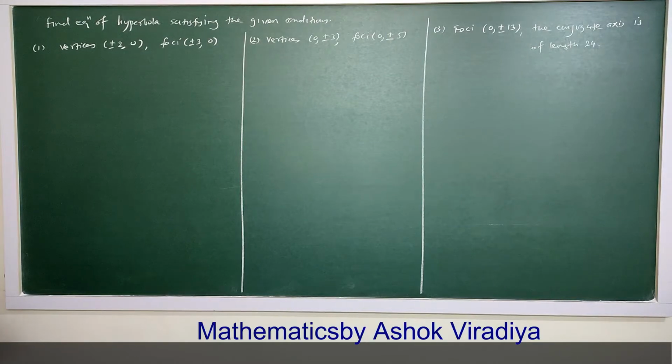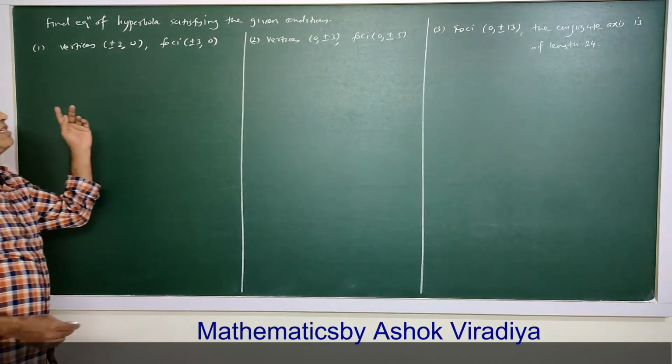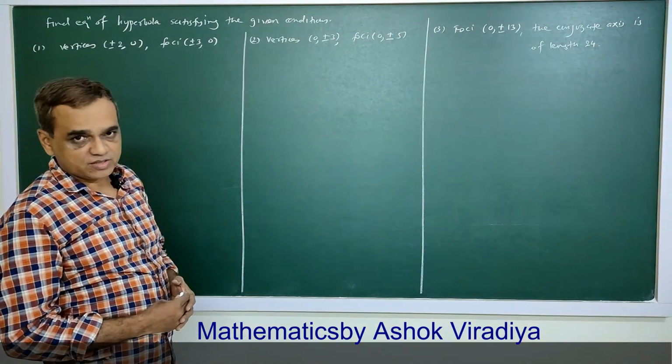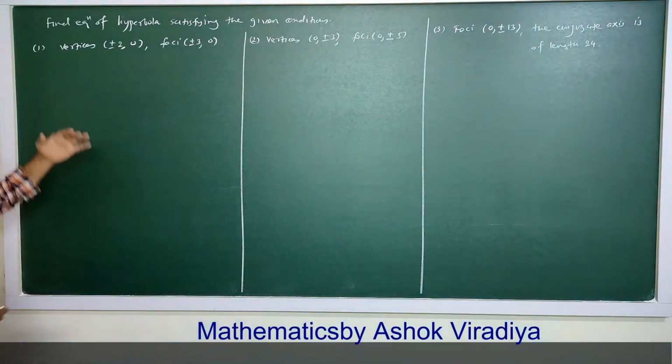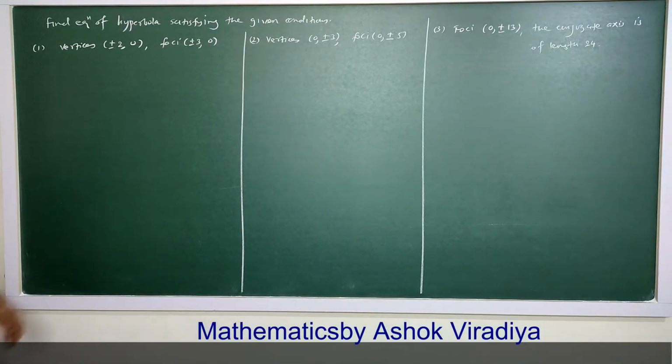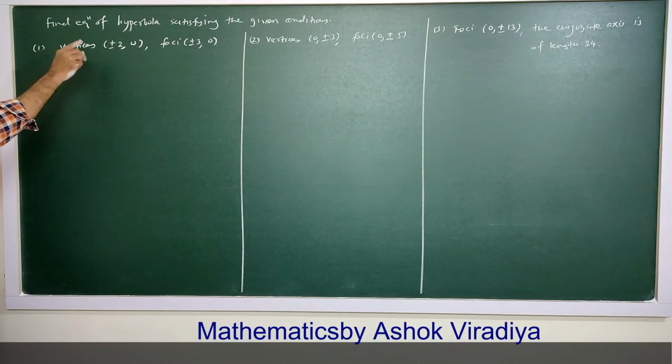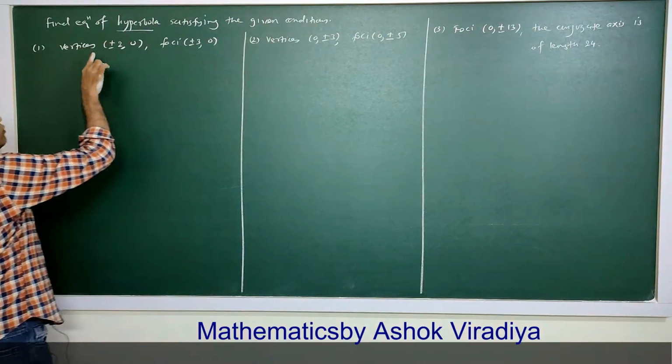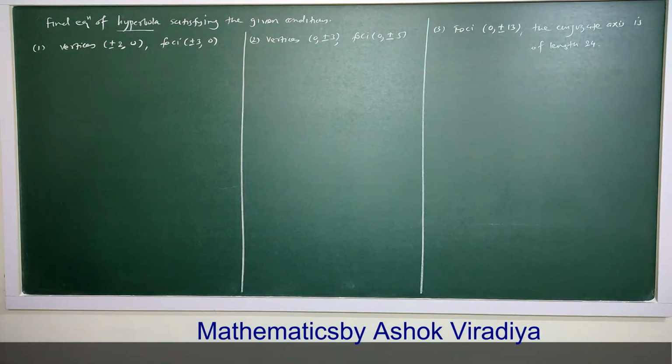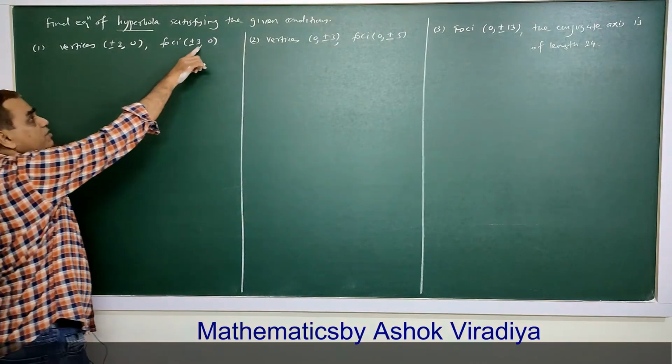Find equation of hyperbola satisfying conditions. We take these questions one by one. We want the equation of hyperbola whose vertices are (plus minus 2, 0), foci (plus minus 3, 0).